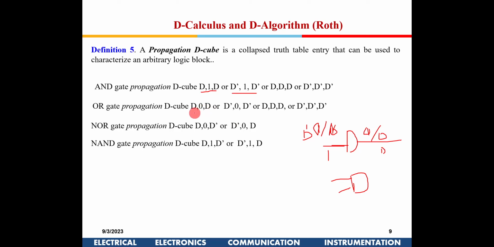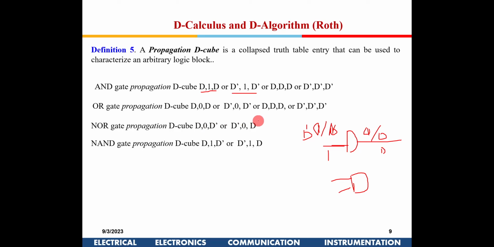For an OR gate, OR of D and 0 will be D, OR of D bar and 0 will be D bar, and OR of D and D will be D. For a NOR gate, if it is 0 and D, an OR will give me D, but since it is a NOR, this D becomes D bar.